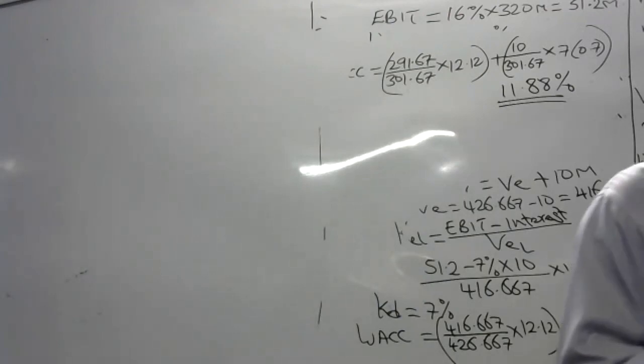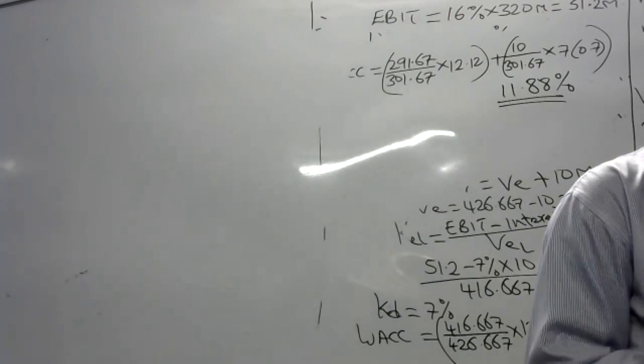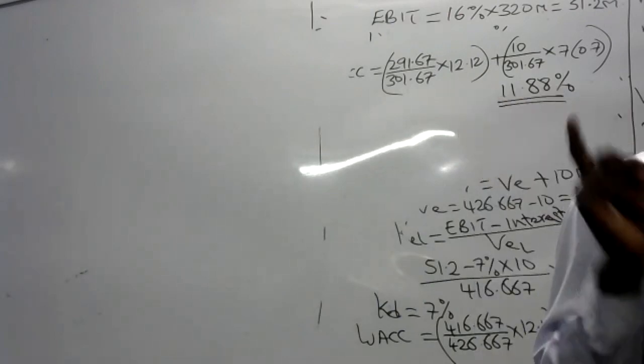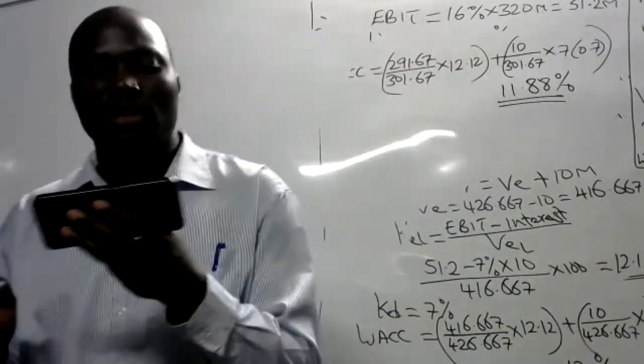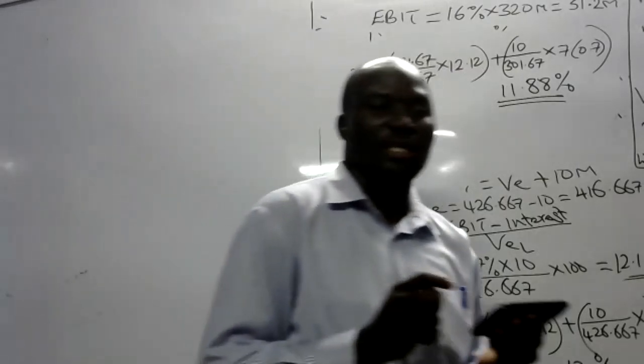Using MM approach and the information provided above. The question does not say using MM2. It says using MM approach and the information provided, analyze the financial implications of the change in the capital structure of Lagdara Limited.